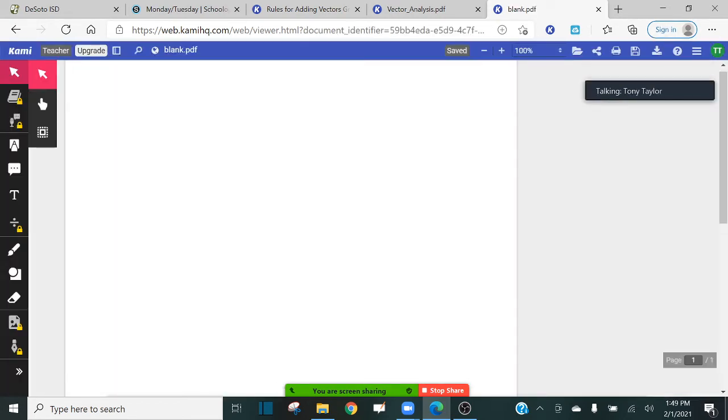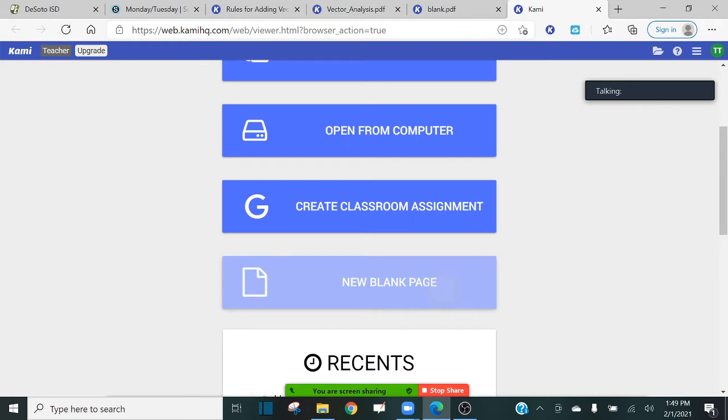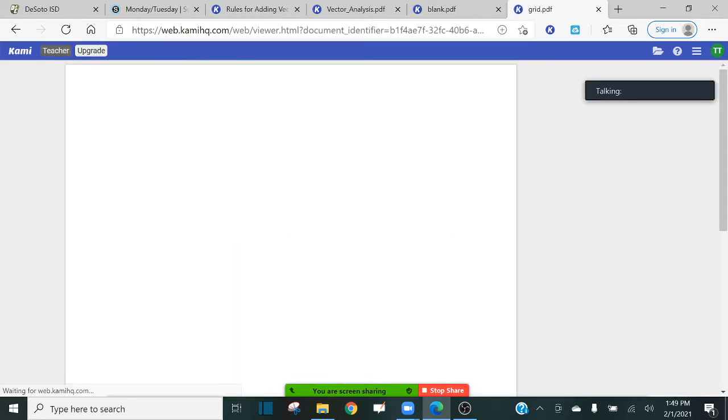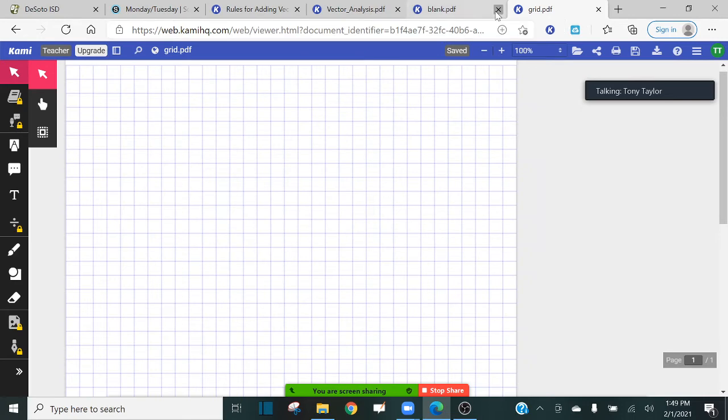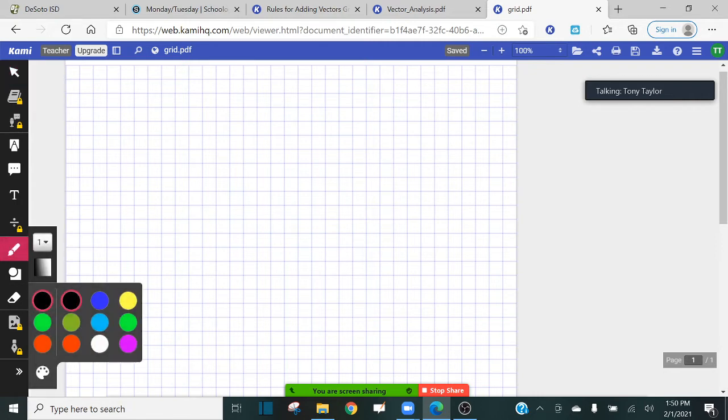No, I want a graph page. Hold on, let me pull up a graph. So remember, I taught you guys how to draw a vector. And again, I'm trying to go over this review stuff pretty quickly so that I can get to the meat of the topic for today.